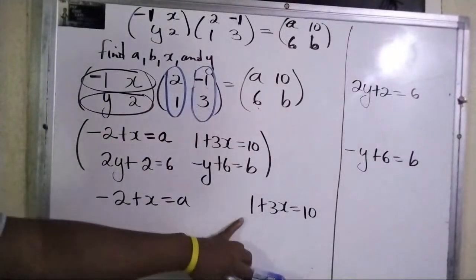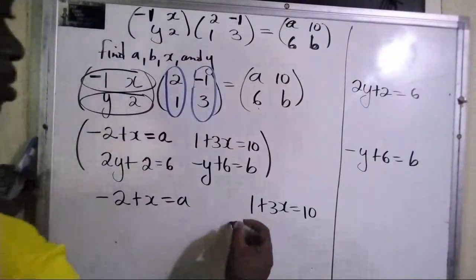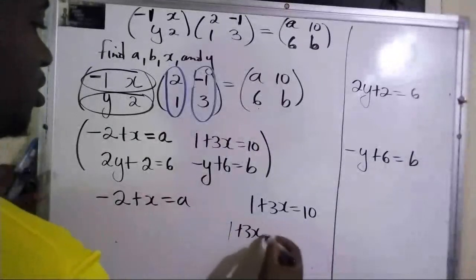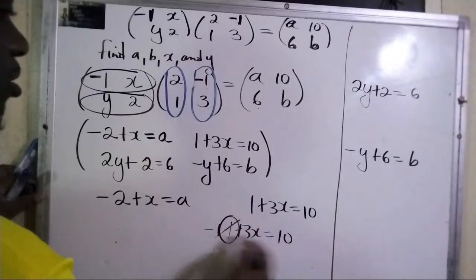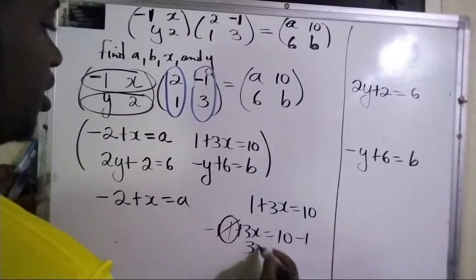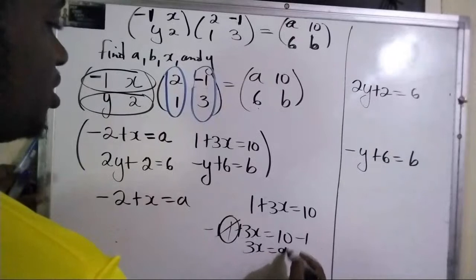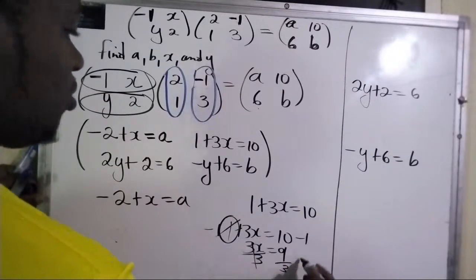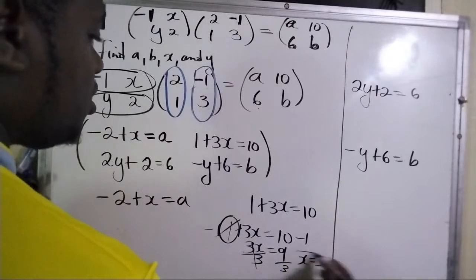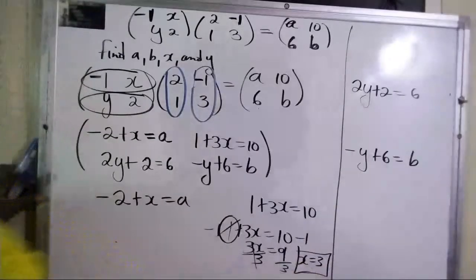So we can solve for x. So what we do is say 1 plus 3x equal 10. We subtract 1 from here, take the opposite. So 3x equal 10 minus 1, that's 9. And then we divide by 3. So x is equal to 3, since 9 divided by 3 is equal to 3.